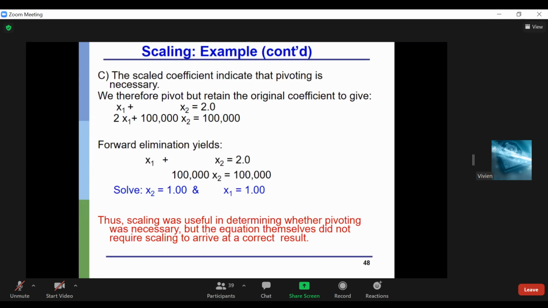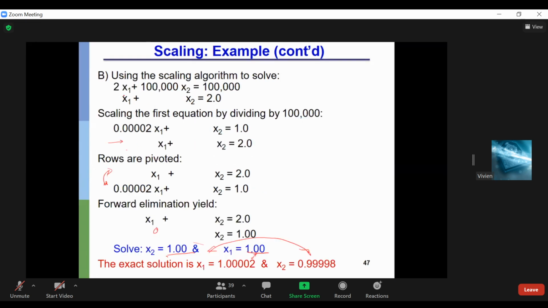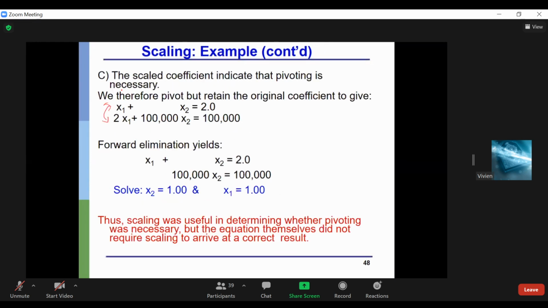Say here we have an example in which we do not do scaling, we just do pivoting. We pivot, the first row now becomes the second row, and the second row now becomes the pivot. Without doing scaling, we end up with the same solution as well. That means scaling does not affect the calculation, but scaling can be performed so that it will guide us to choose the correct pivot.